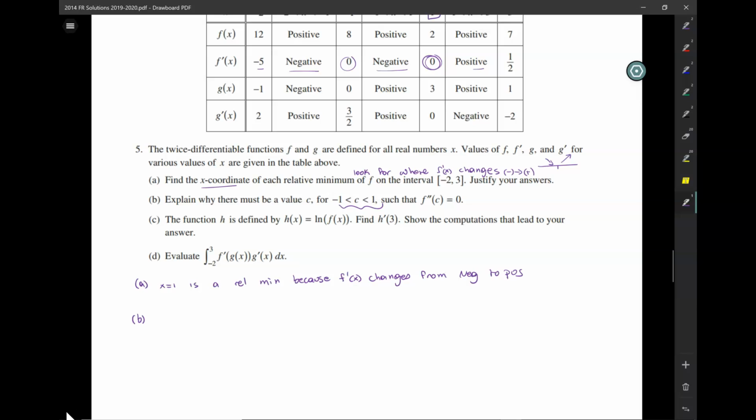So the function and its derivative. Here we have f prime, and this is saying there must be a point where the derivative of f prime, f double prime, is equal to a certain value. To do that, first of all, we have to say f prime is differentiable, and we know by now that means f prime is continuous.